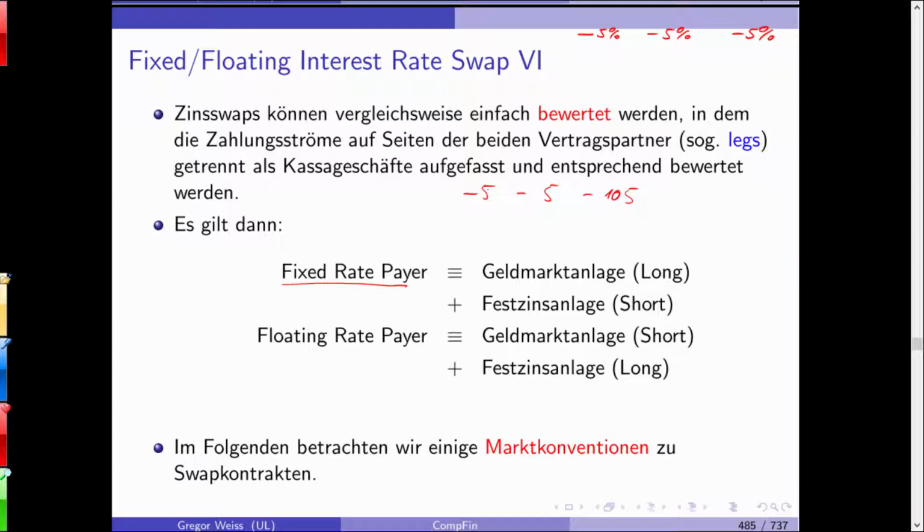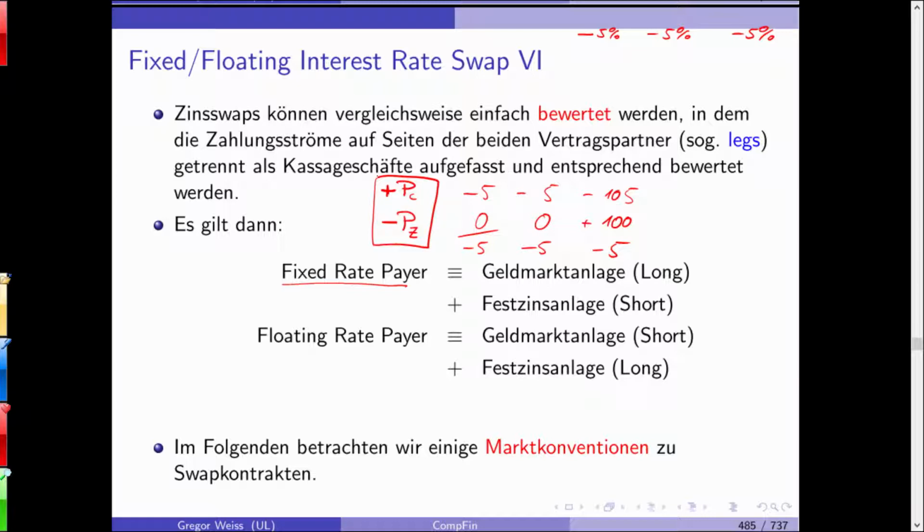We are only interested in -5, -5, -5, so what do we do? 0, 0, plus 100, and this is a zero bond long, and in sum we have -5, -5, -5. So we go short the coupon bond and we buy the zero bond, and the combination of these two instruments should yield the price of the fixed rate payer leg.